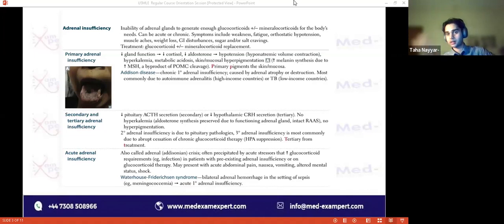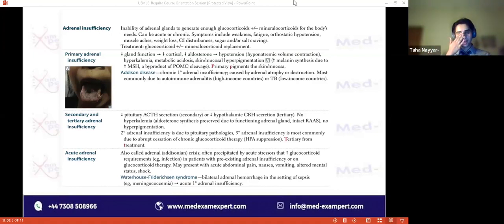And then lastly, there's this hormone ACTH, which is produced by the pituitary gland. It shares a common precursor with MSH, which is melanocyte stimulating hormone. So there's a thing called proopiomelanocortin. It's a common precursor that forms both ACTH and MSH. And since ACTH has a similar precursor with MSH, at very high levels of ACTH, ACTH can stimulate the melanocyte.